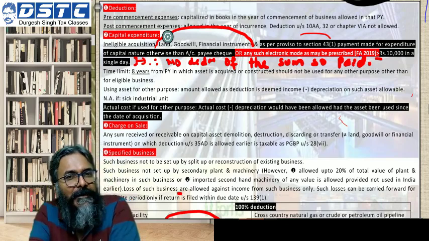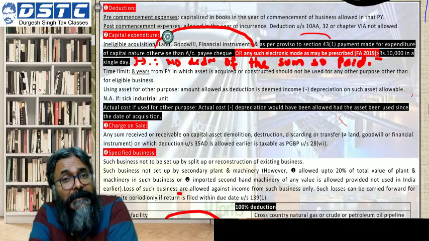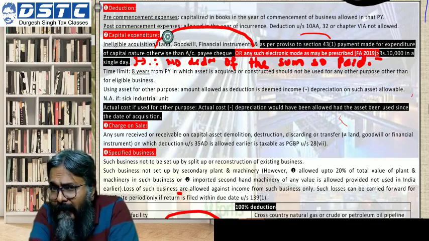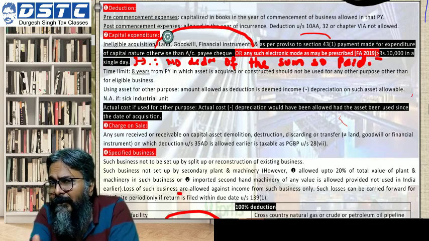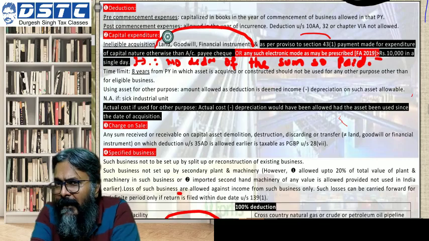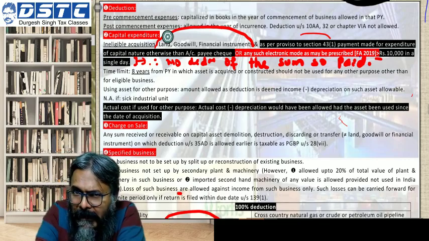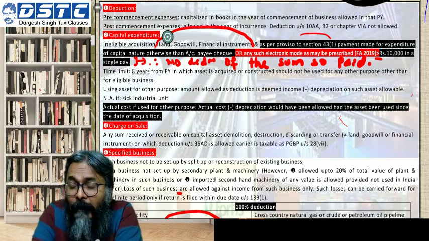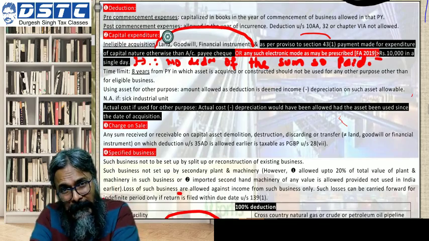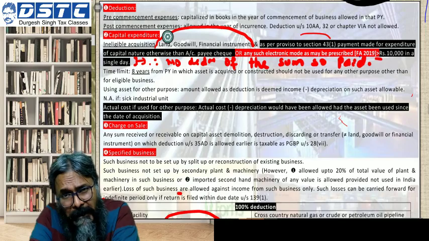Manufacturing business is not a specified business. Hotel business is a specified business. So after claiming the deduction of that capital expenditure which I incurred for my hotel business, after say 2 years, I am using it for a non-specified business purpose.